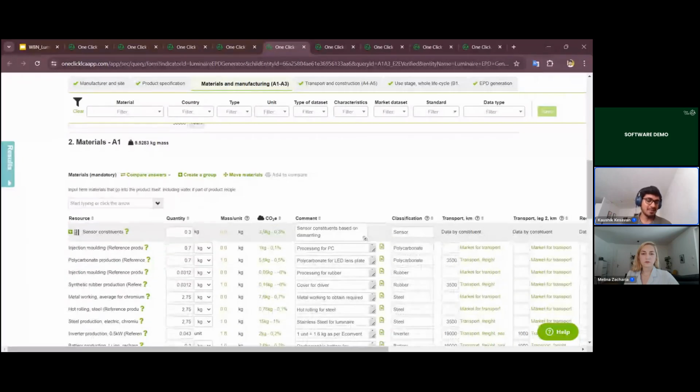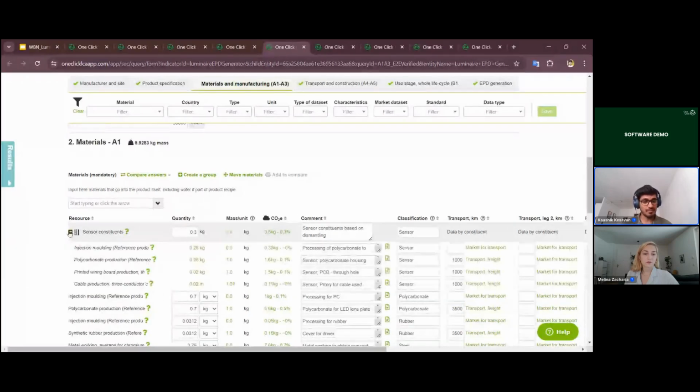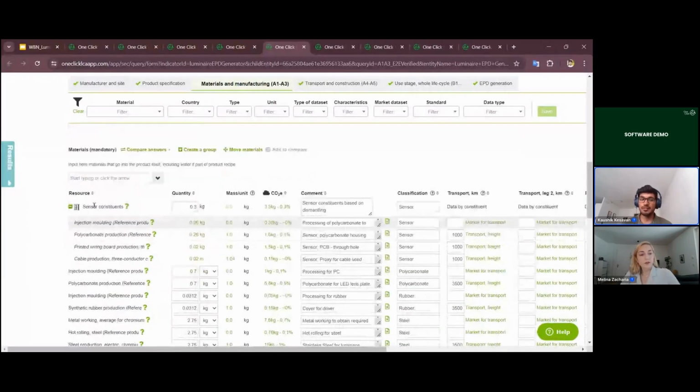Now, this is specifically important because I've noticed that I often miss information on how I've modeled certain things, and it becomes important. If I open the sensor here, for example, this is by dismantling a particular sensor that we've obtained the information. We saw the polycarbonate, the printed wiring board, and the cables, weight, and so on.